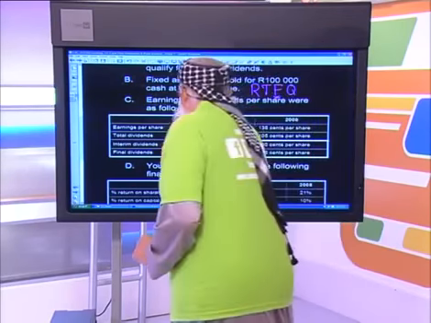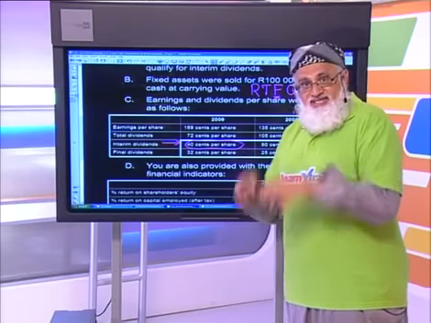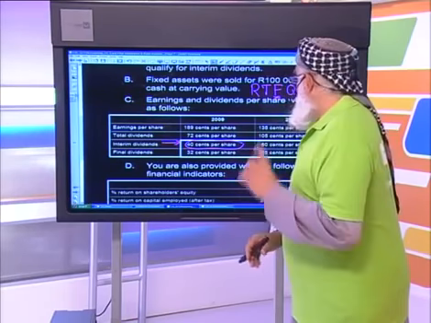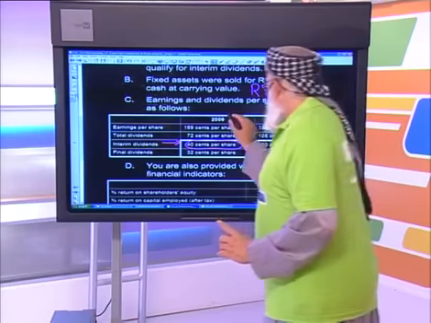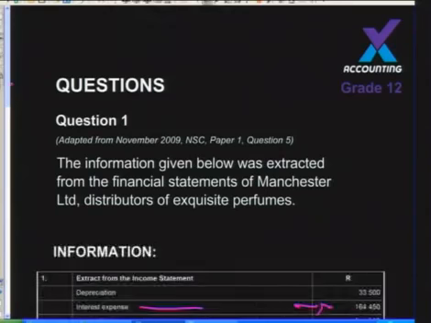That there was an interim dividend for the year, and that interim dividend was 40 cents per share. Is that what we are looking for? Certainly. We want this year's interim dividend. 2009 is the current year. Last year is 2008.